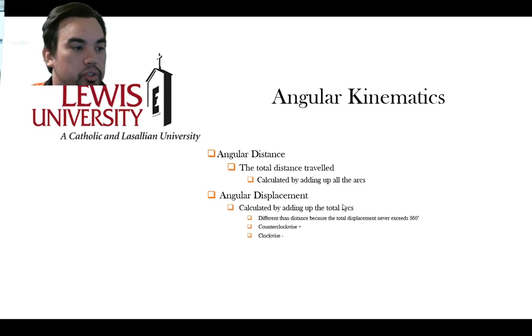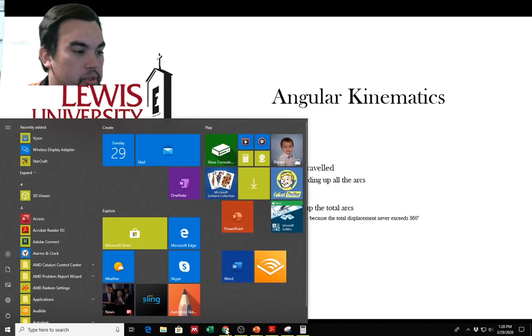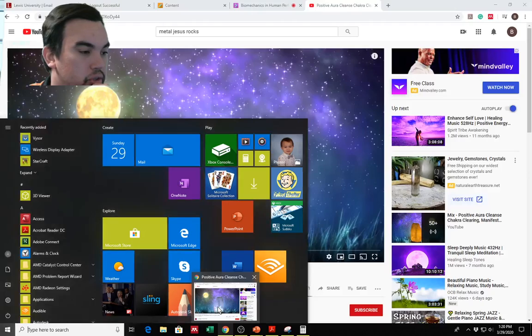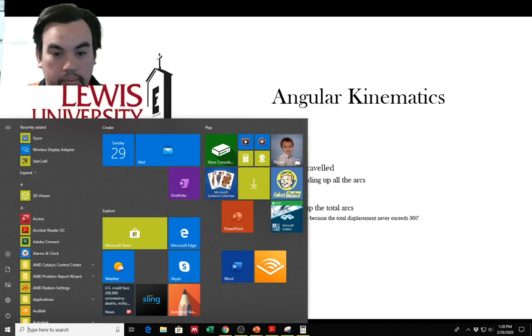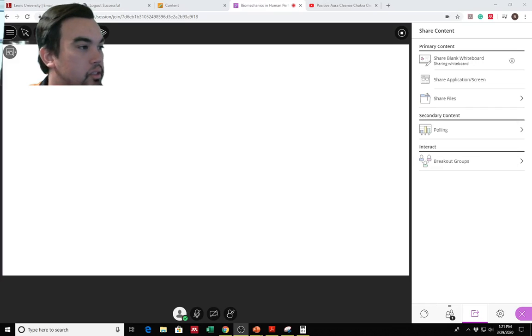Let me jump to the slide and show you real quick. It's going to be easier if I just draw it out and show you. Okay, so here we are. I'm going to change colors because I'm tired of that one. So let's go red.